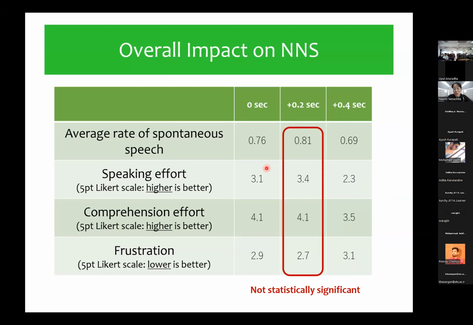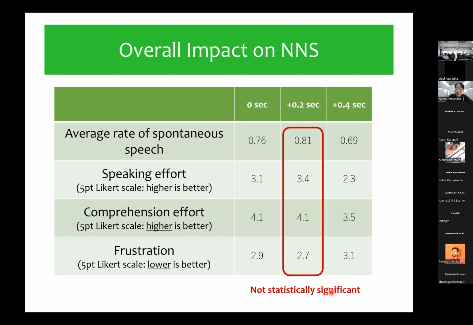Things did not seem to improve with the 0.4 second delay. In fact, it got worse than no delay. Unfortunately, things got really worse at 0.4 delay. Non-native speakers slightly performed better with 0.2 second delay, but this was not statistically significant.